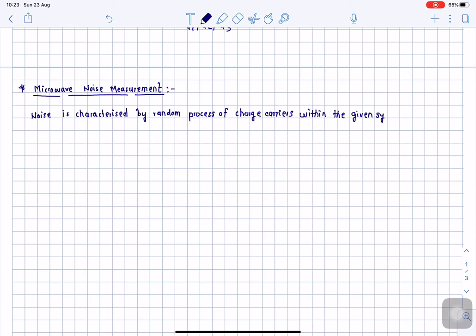So we can say that inherently in any particular microwave communication system, the presence of noise is inherent, because the noise is generated as a random process of the charge carriers which are inside a given system, or when they propagate from one place to another.